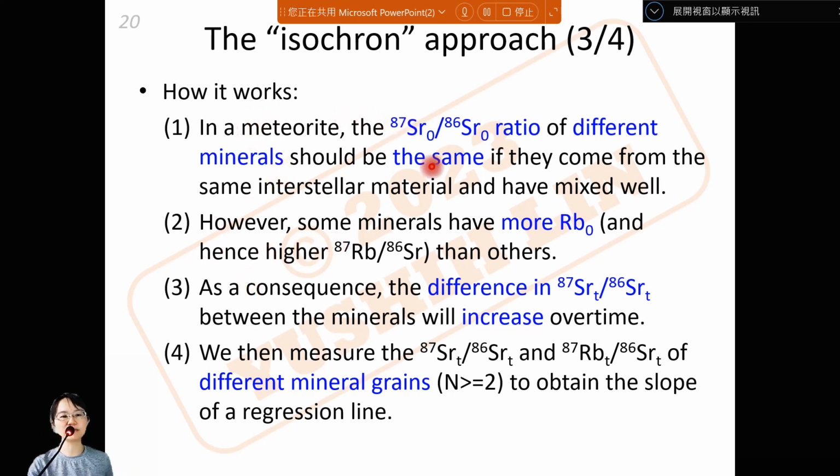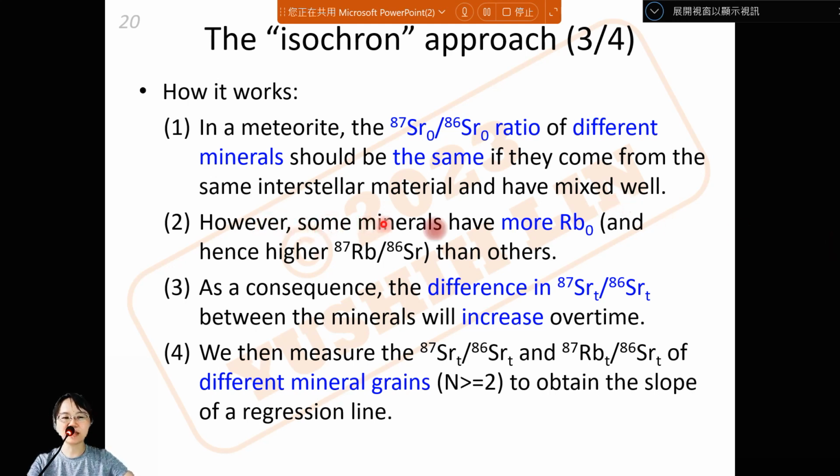So in a meteorite, the strontium 87 to strontium 86 ratio, this ratio at time zero, of different minerals should be the same if they come from the same interstellar material and have mixed well.